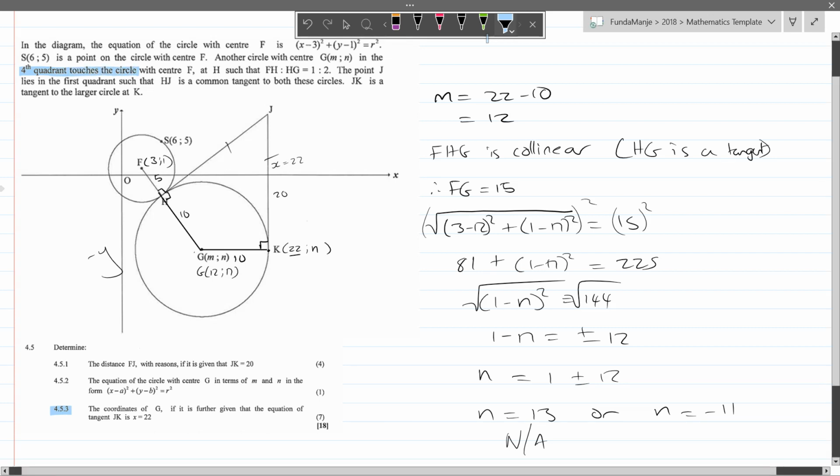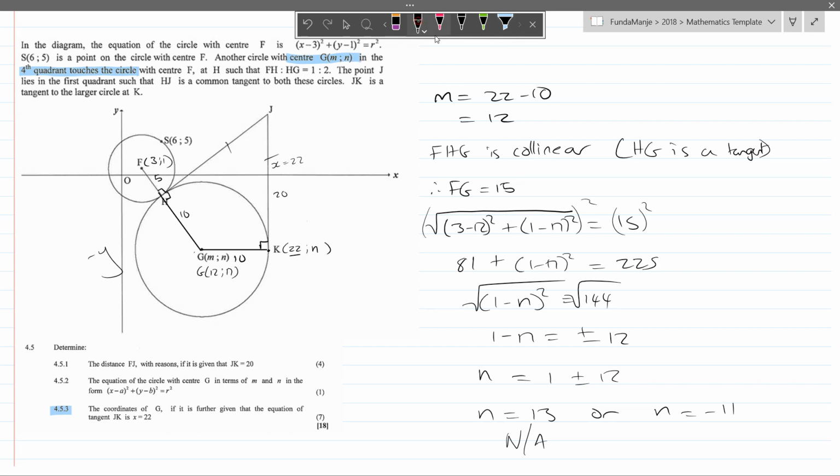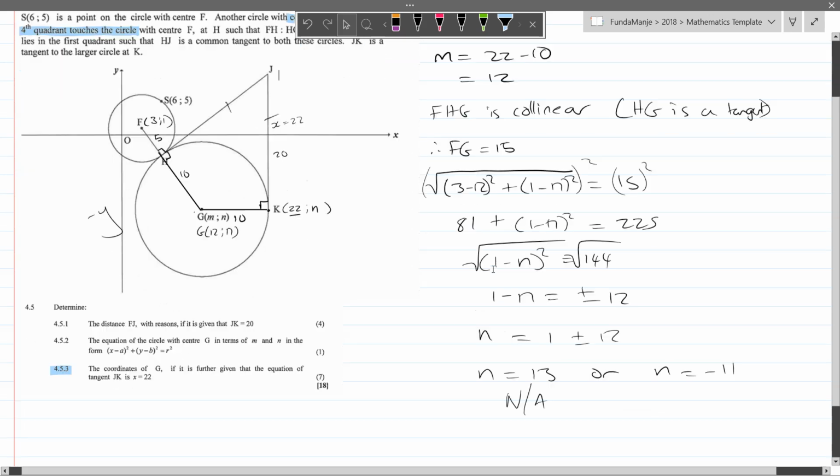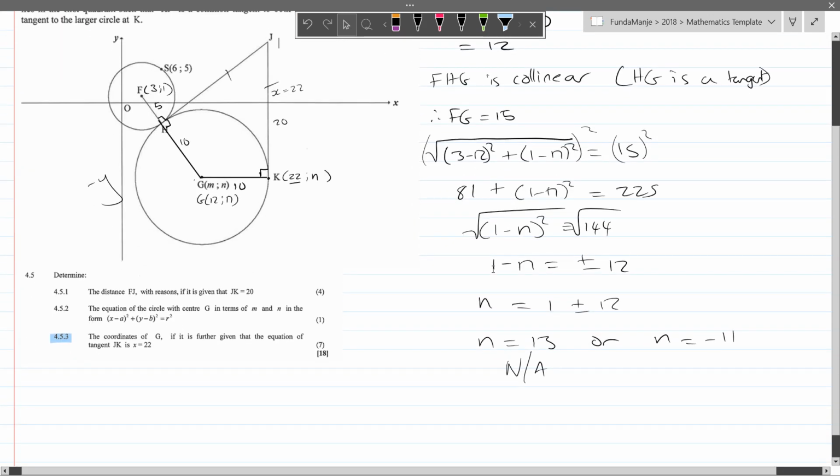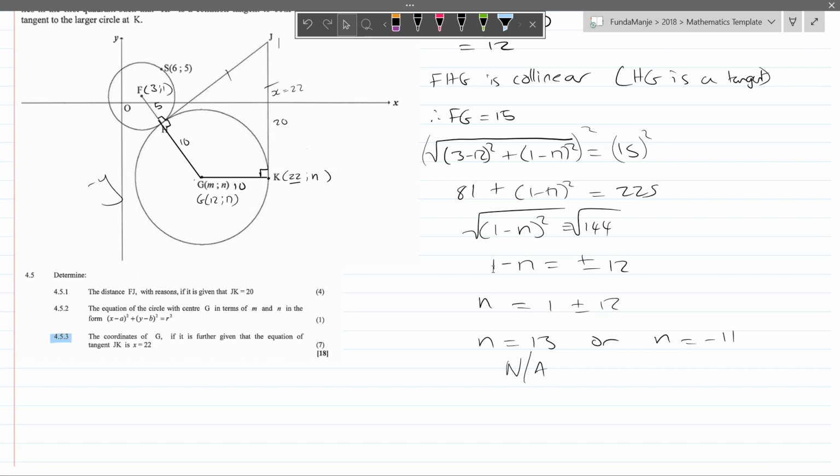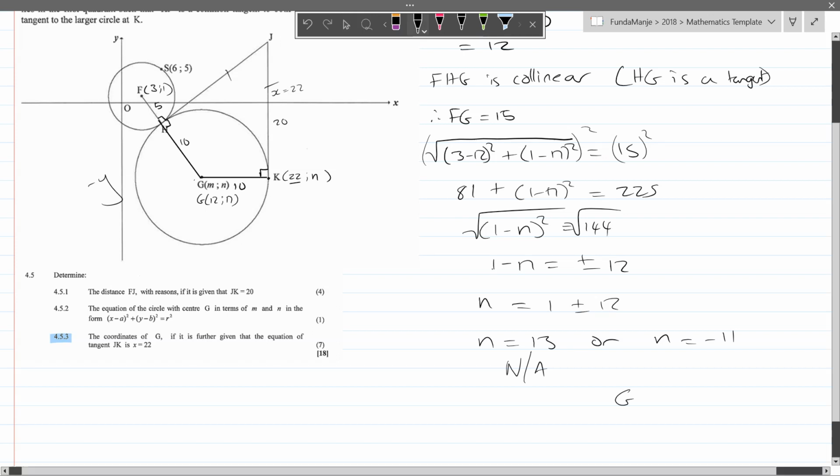So that should also tell us the center is in the fourth quadrant, so y should be negative. So now we have both the values of m and n. We can write the coordinates of G as 12 and minus 11.